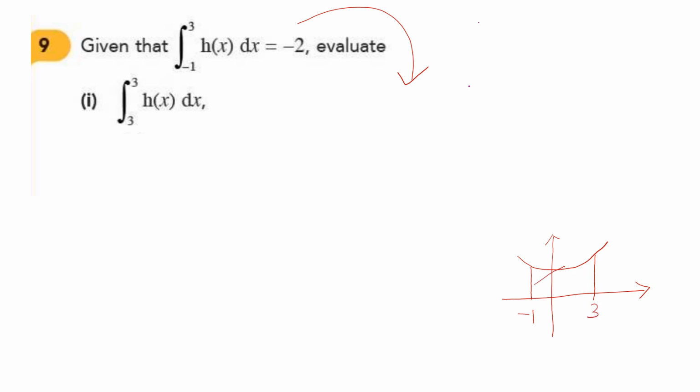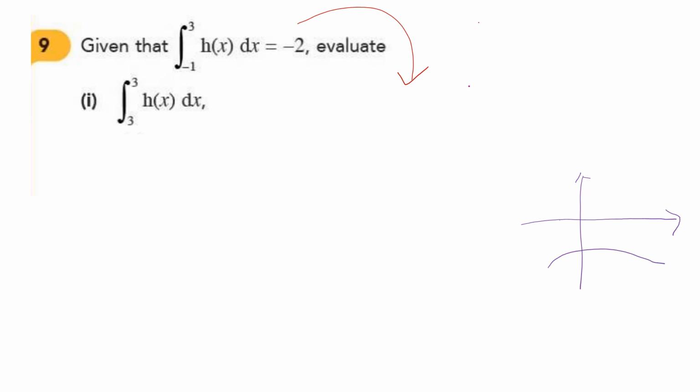So this shaded region will have area, oh, it's negative 2, so it will be below the x-axis. So this is what it means. What we need to find now is the area from 3 to 3.